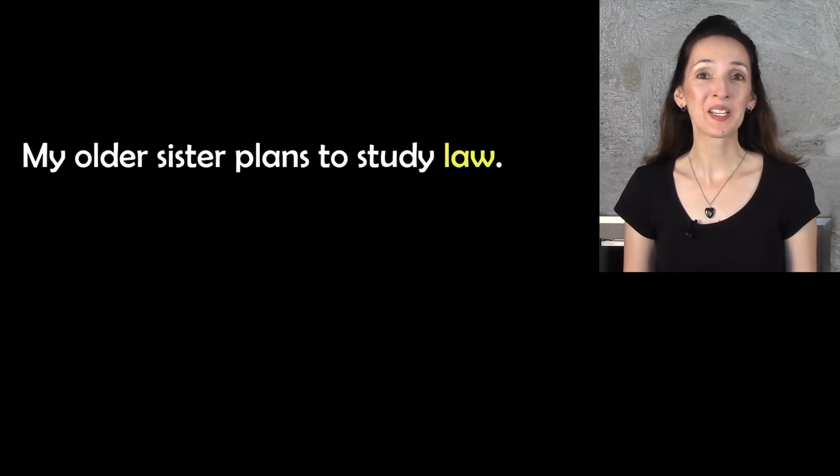Here are additional examples of nouns with countable and uncountable meanings. As I list the sentences, see how quickly you can identify the countable and uncountable nouns. Ready? My older sister plans to study law.